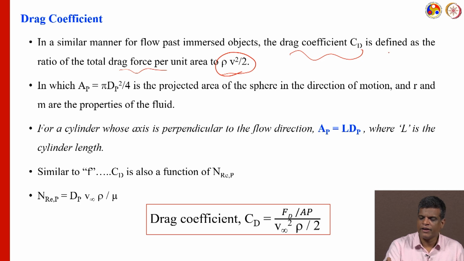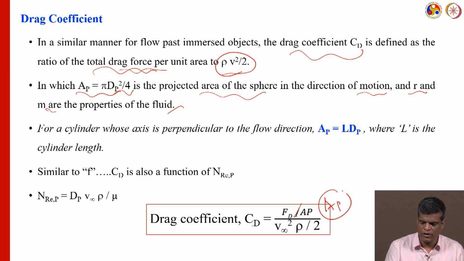CD is defined as the ratio of total drag force per unit area to the velocity head. The projected area of the particle AP is pi dp square by 4 for a sphere. So CD equals FD by AP, divided by rho v square by 2. For a cylinder, AP equals L dp, where L is the cylinder length.